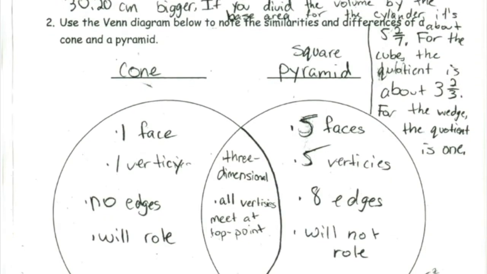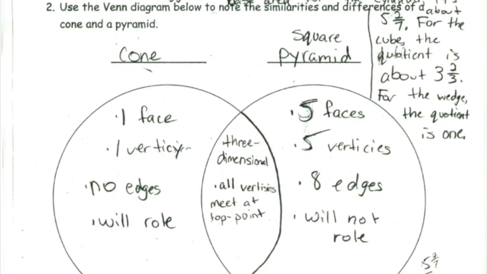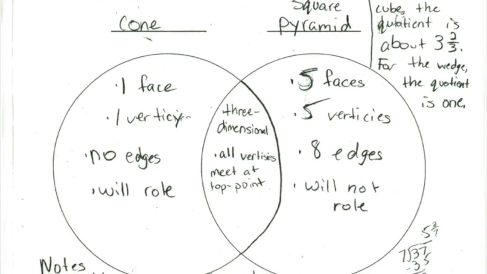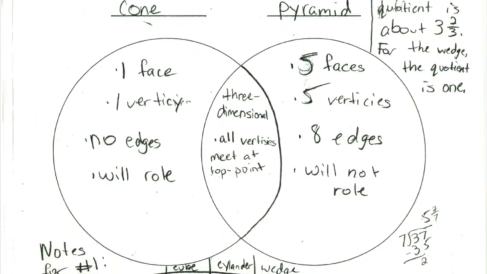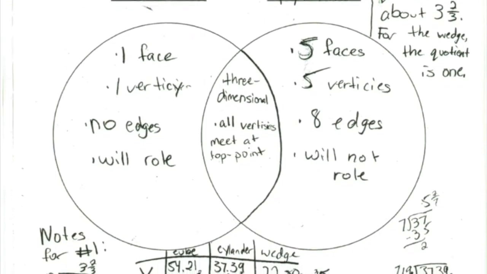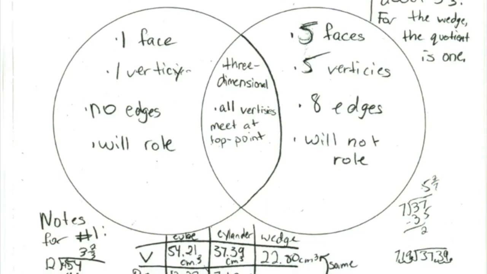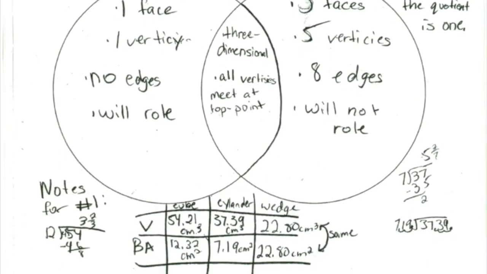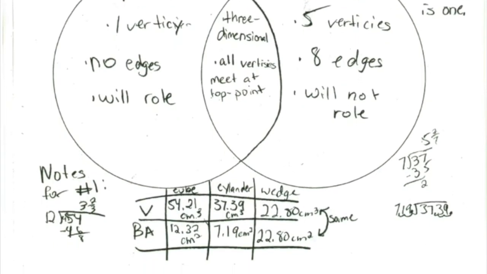For this piece, they have to choose two different shapes, because it's important for 3D shapes for me to be able to see if they can reflect back and look at commonalities among the 3D shapes that they've used, and look at differences as well.